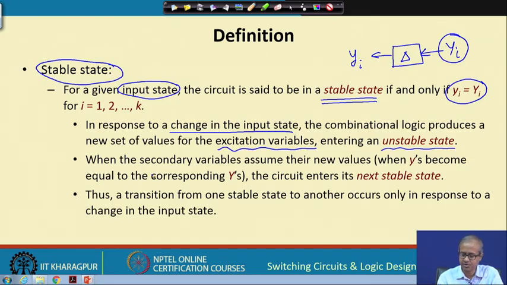And the next point is, when these capital Y i's are copied into y i, we say that we have reached the next stable state. So, basically transitions take place from one stable state to another whenever the input changes.